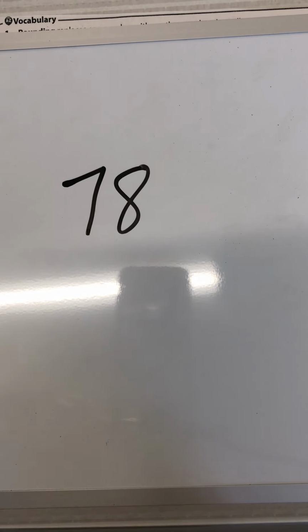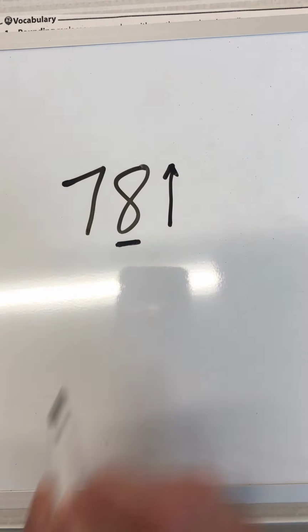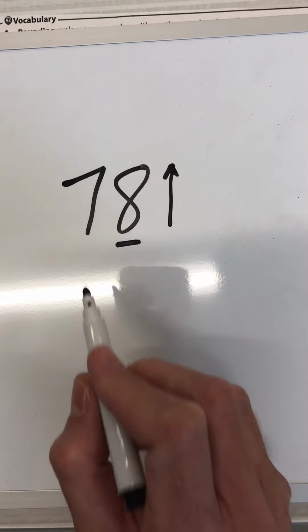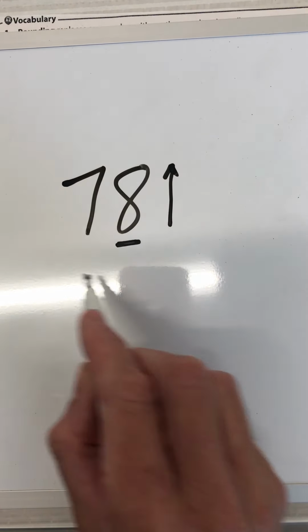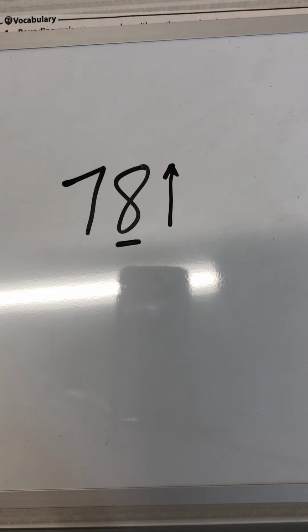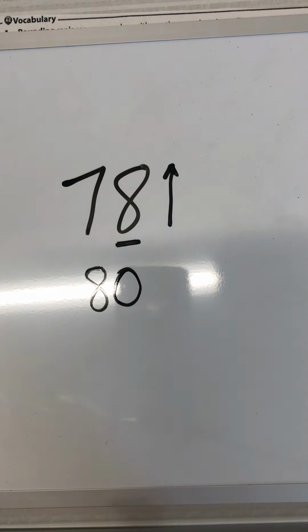I'd probably round up because of this guy. Now, since that guy is 5 or more, I would go one more. And when I say one more, I usually think of a multiple of 10. So 78 buckaroos. Yes, it's $78, but what multiple of 10 is 78 closer to that I could round him to? Hopefully you're saying in your head, he's closer to $80.